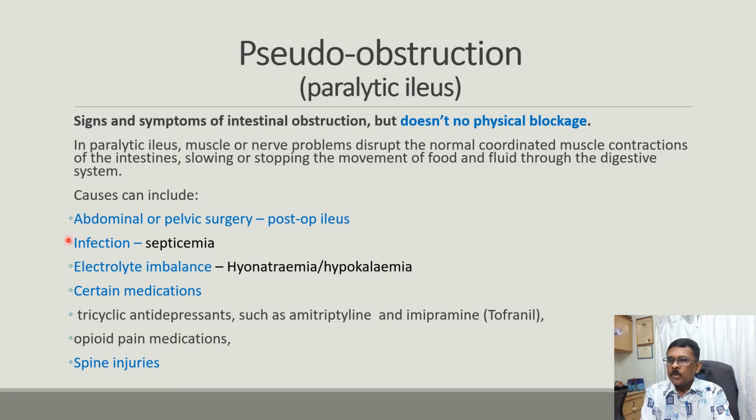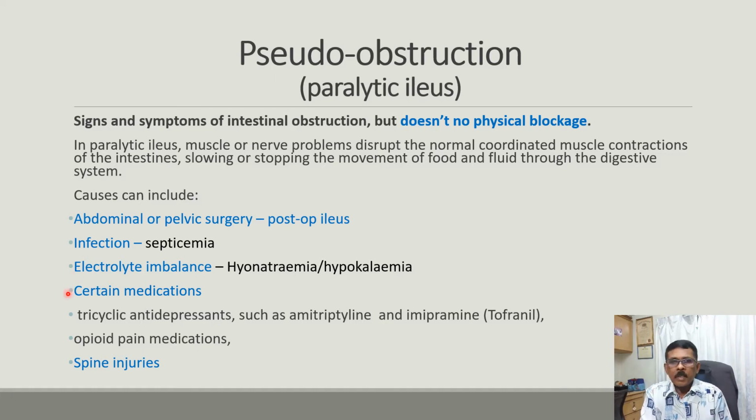The common causes will be abdominal or pelvic surgery. There's so-called post-operative ileus. It can be due to septicemia, due to infection. Electrolyte imbalance, especially sodium and potassium, hyponatremia and hypokalemia, can cause severe ileus, which may be difficult to treat sometimes.